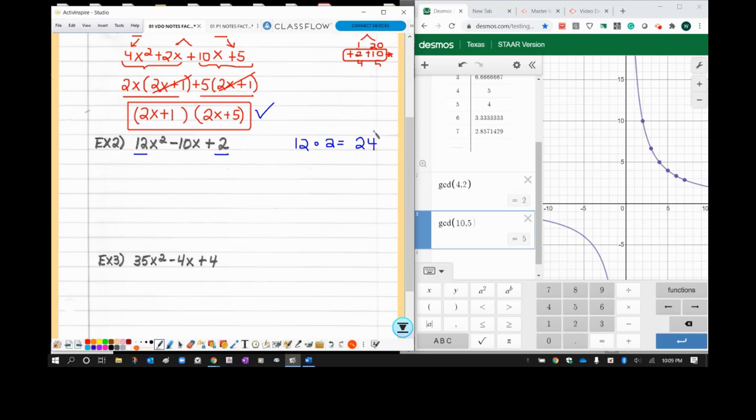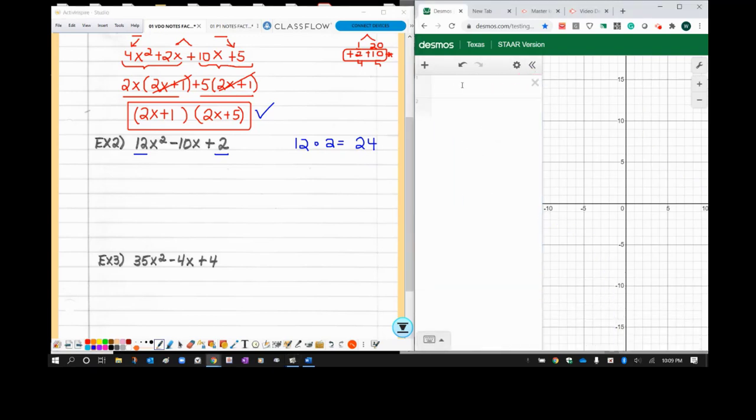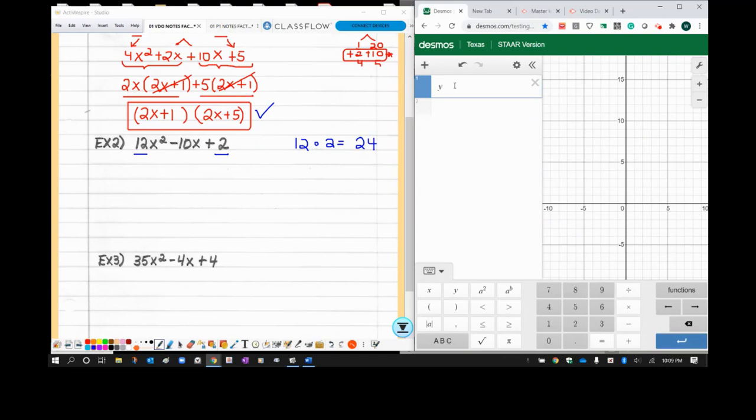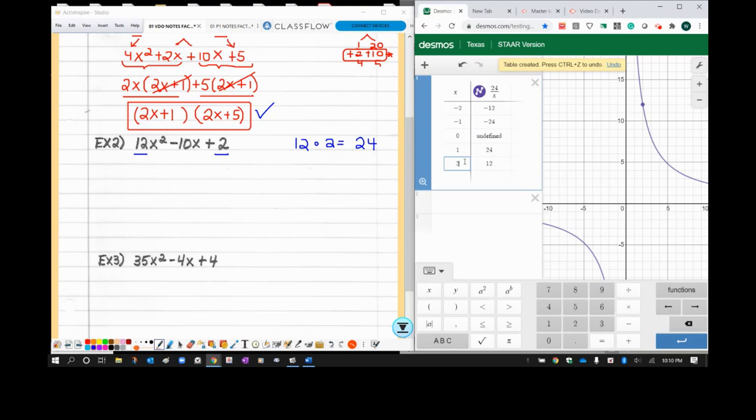Once you got that answer, you want to make a list of numbers that multiply to give us 24, and we can use the calculator by clicking y equals 24, and then we're going to divide by x, and we press enter, we press the wheel, press the calendar here, and press enter, enter, enter, enter, enter, enter.